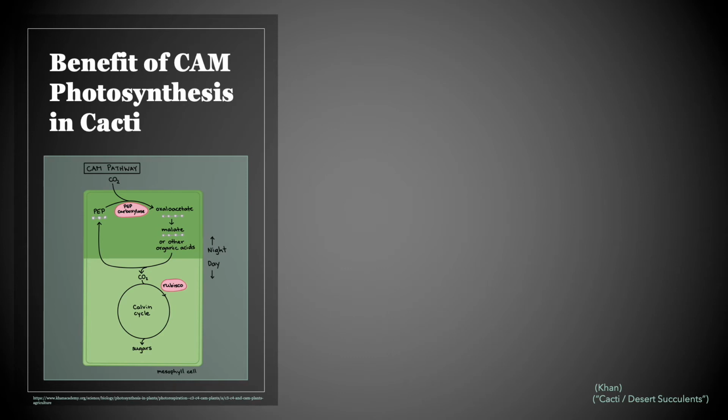So the benefit of CAM photosynthesis, which occurs in cacti, is the fact that stomata open up at night during CAM photosynthesis. The stomata of cacti have the unique characteristic of only opening up during the night to take in carbon dioxide when, according to Kahn, humidity tends to be higher and temperatures are cooler.